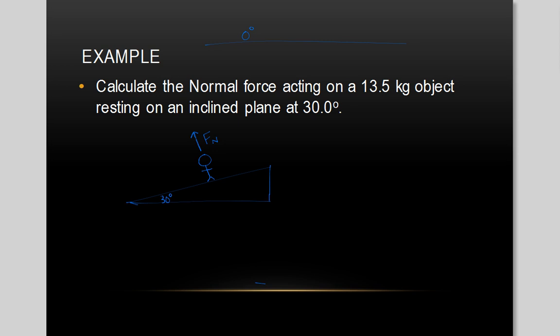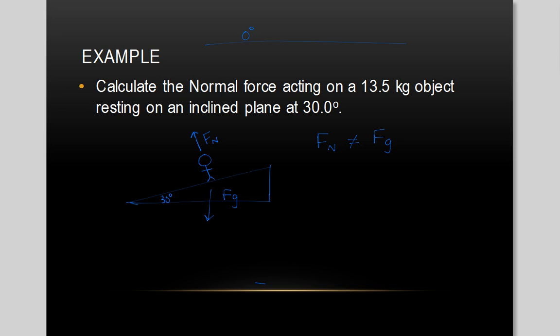You see how it's tilted? So Fn does not equal Fg. Because which way does Fg point? See how that works? Now we're going to leave that because we're going to spend a whole lesson on these inclined planes.